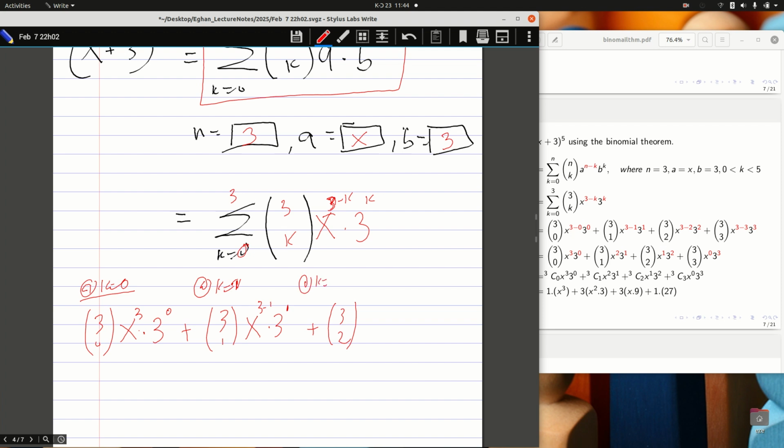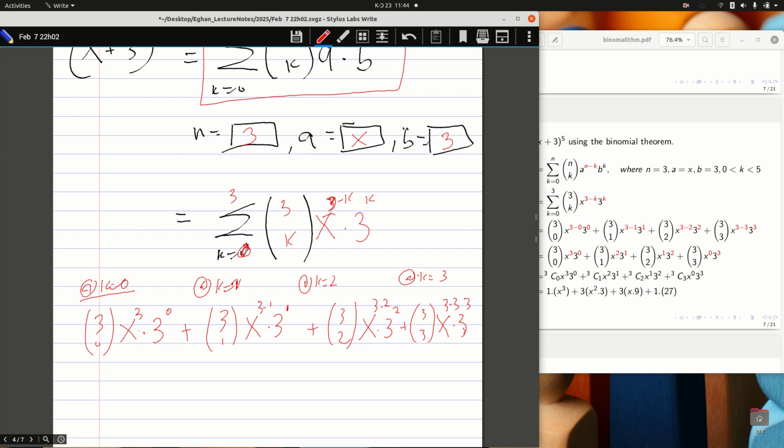I have x to the power 3 minus 2, and then 3 to the power 2. And I'll go to k equal to 3. Don't forget k is running from 0 to 3. So I have 3C3, x to the power 3 minus 3, and then 3 to the power 3. Yeah. This is what I have.